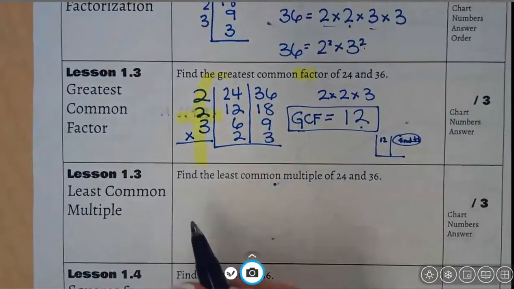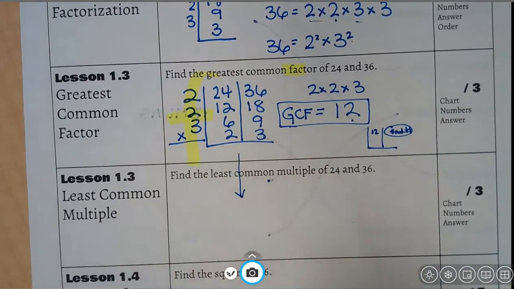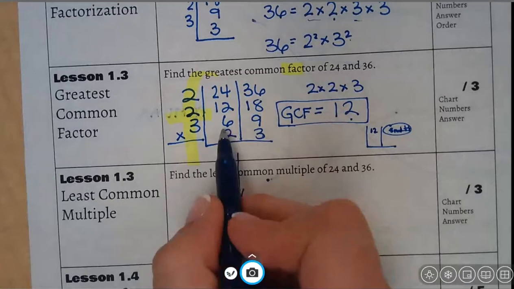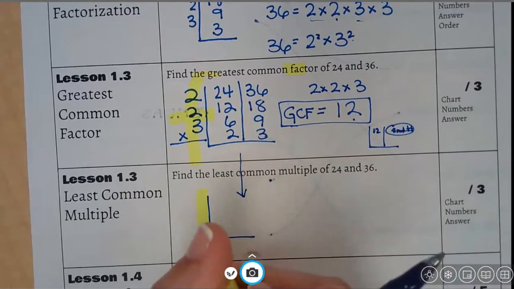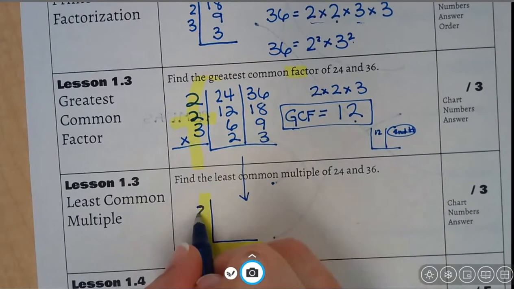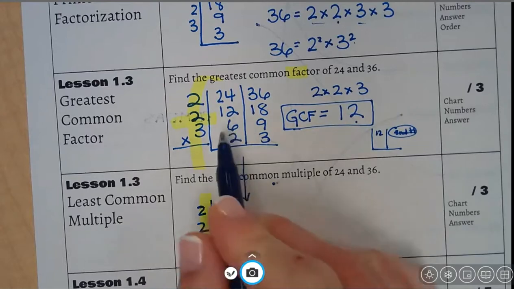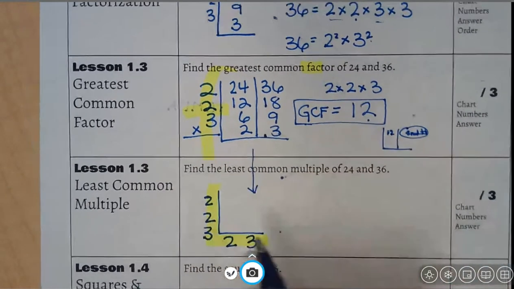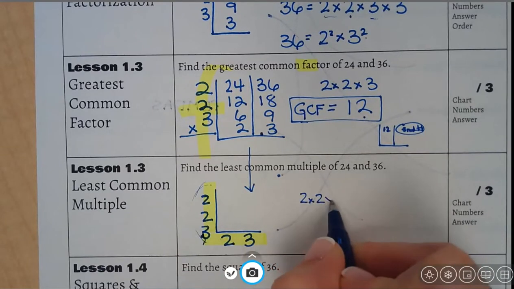Okay, least common multiple, so I can use this same work, but then the least common multiple, remember, I'm multiplying with the L. So that would be the 2, the 2, the 3, the 2, and the 3 from my work up here. So I have the 12 that I multiplied before from the 2 times 3.